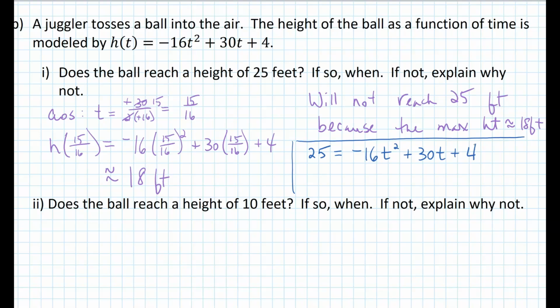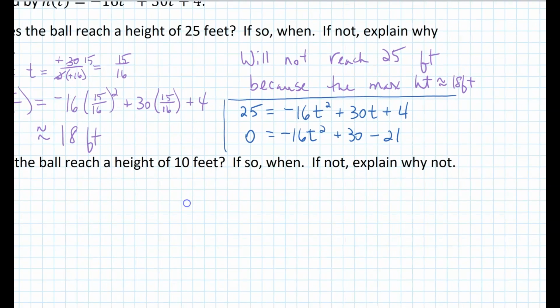So if we do this, I would have to move that 25 over, and I would get negative 16t squared plus 30t minus 21 equal to 0. And then a, b, c. If we want to solve this, let's look at our discriminant.